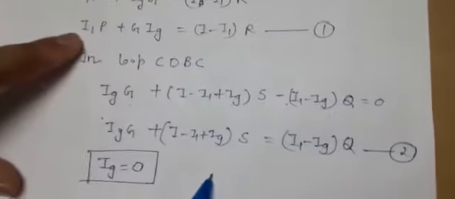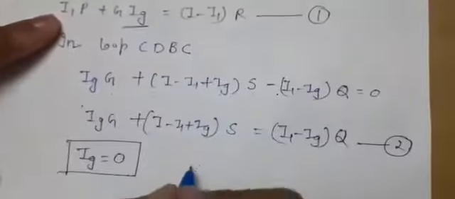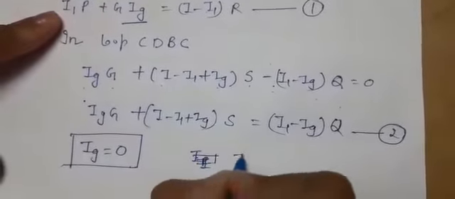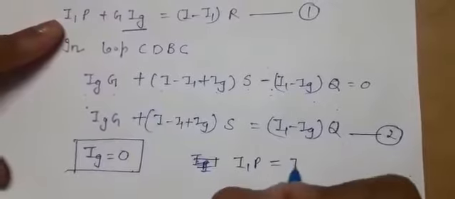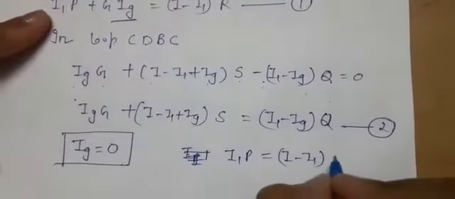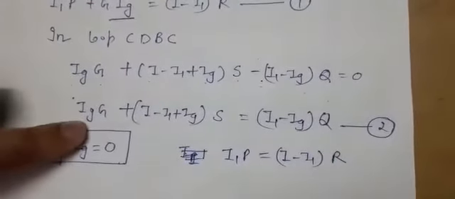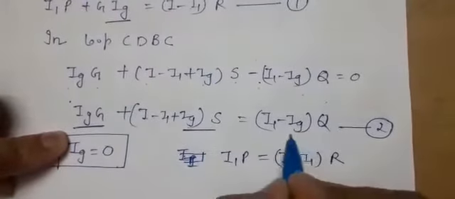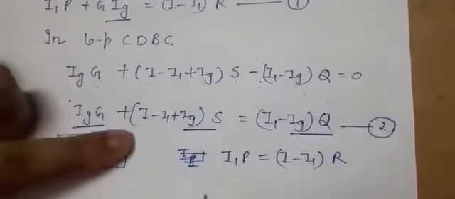So see equation 1, if you take Ig to be 0, you will get I1P equal to I minus I1 into R. Similarly, when Ig is taken to be 0 in this equation, these two terms will give you 0. What will be left?